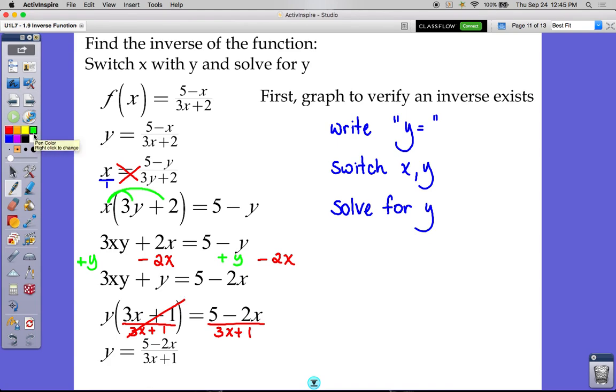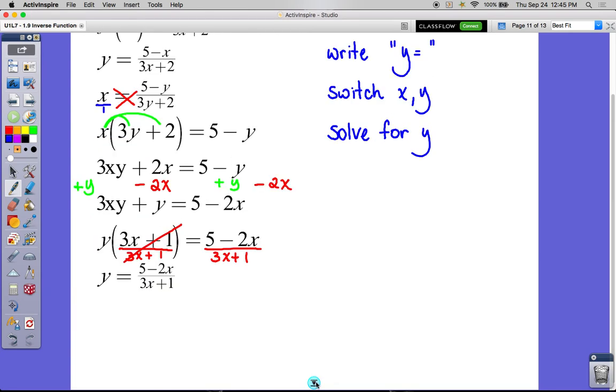Now, when you try to graph these, let me go ahead and warn you, if you try to graph both of these on the same graph, it's going to be kind of messy to see, but they are in fact going to be inverses of each other. But the last step, even though you got to solve for y again, is to write this as f inverse.